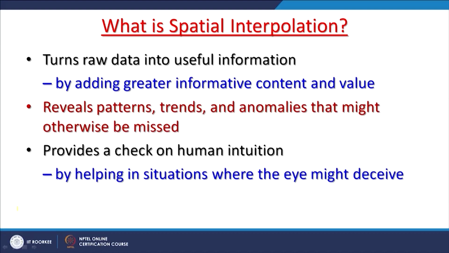Now, it also provides a check on human intuition, because for every location we do not have the information or data. So, we try to estimate data by looking at whatever data is in between.